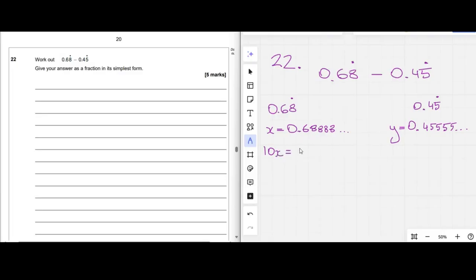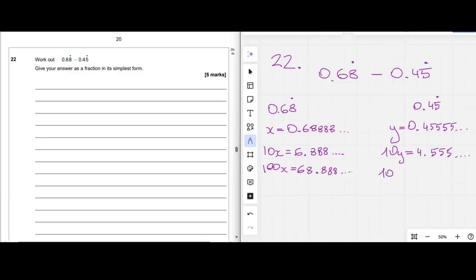So the dot will be there, 6.8888. And same with y. Then y is 4.5555. And now we can do further to 100x, which is another place, 68.8888.